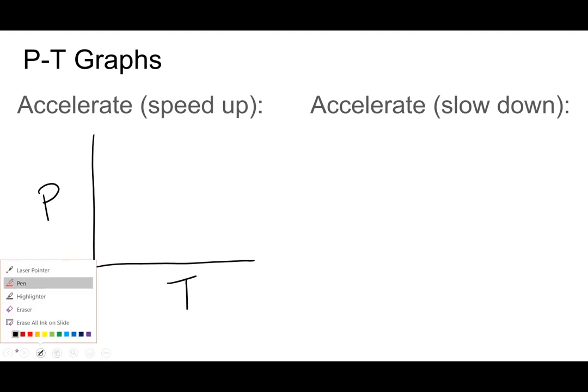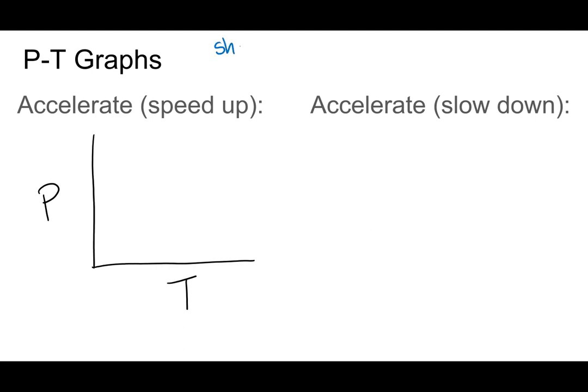All right, the last ones to talk about. What happens if we are accelerating? Specifically, we accelerate by speeding up and accelerate by slowing down. This time I'm just going to do starting at the tree, okay? So here's P and then here's T. Remember, the slope tells us something about how fast we are going.